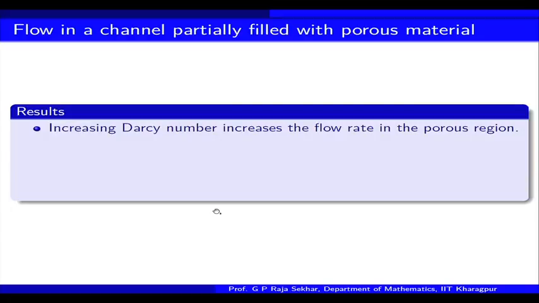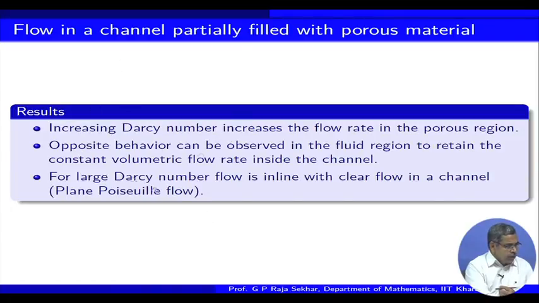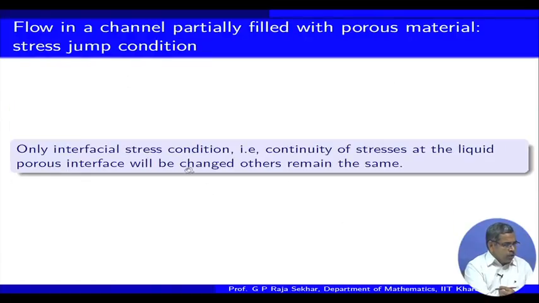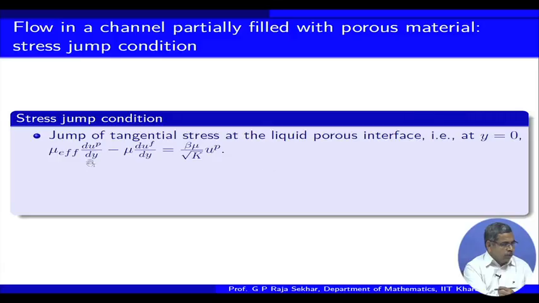So, correspondingly, these results I have already explained. So, what we do is on the interface we change, instead of continuity of stresses, we use the stress jump condition. Okay. So, that means the configuration is again the same.